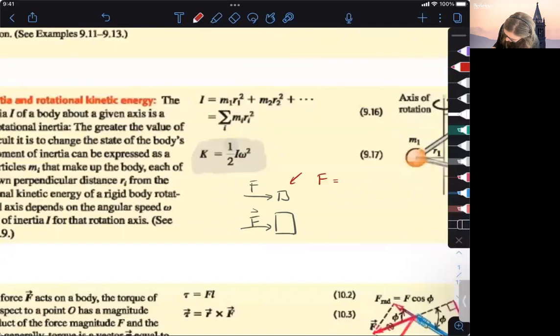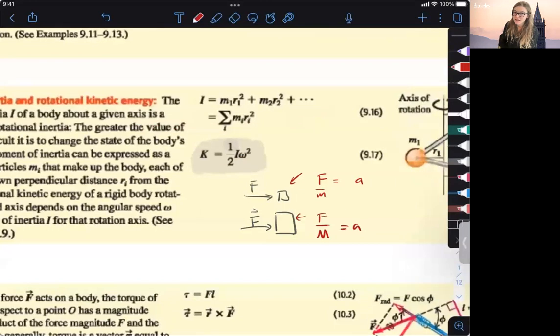So if I have the same force, force is equal to mass times acceleration, F = ma. So basically my force over mass, I'm going to have a larger acceleration with this smaller block than I'm going to have with this larger block, this big M. So I can get it moving faster with a smaller mass, but it's also going to be easier for me to stop it.